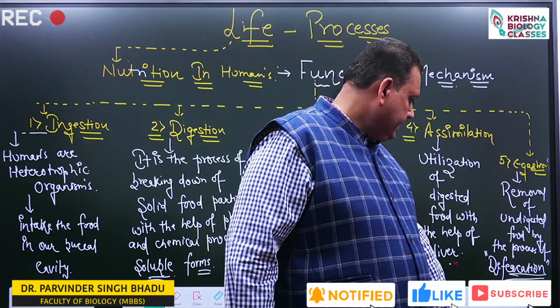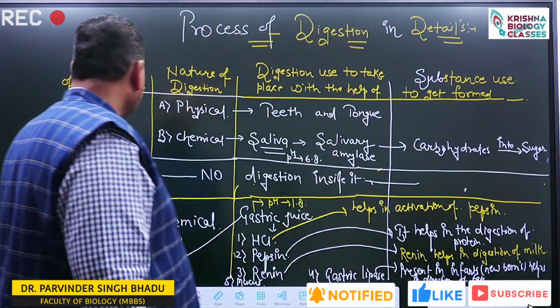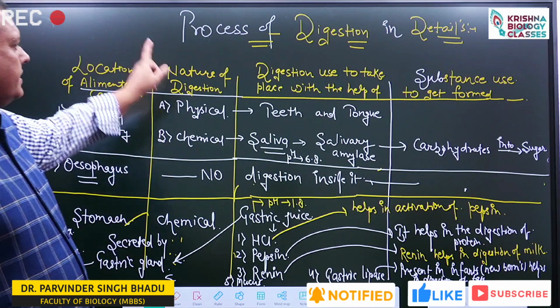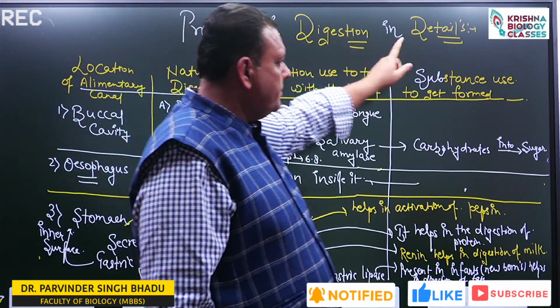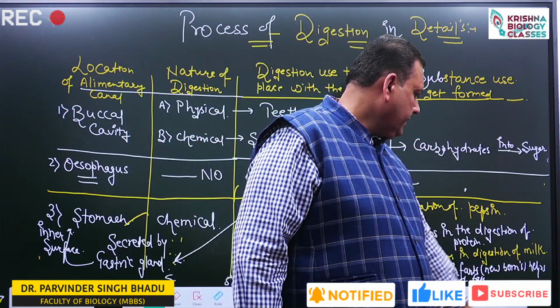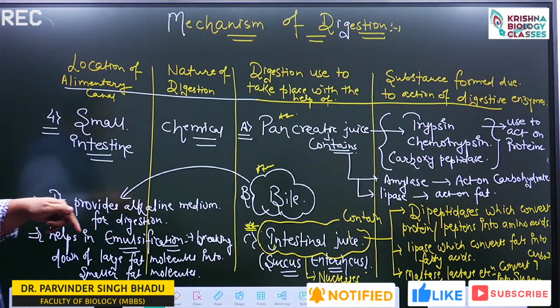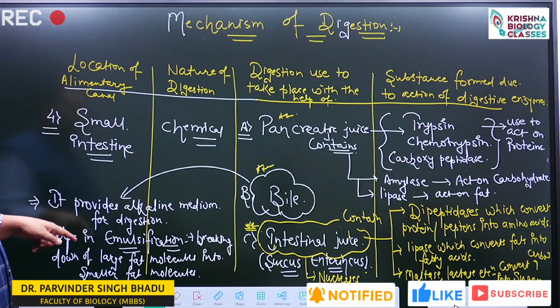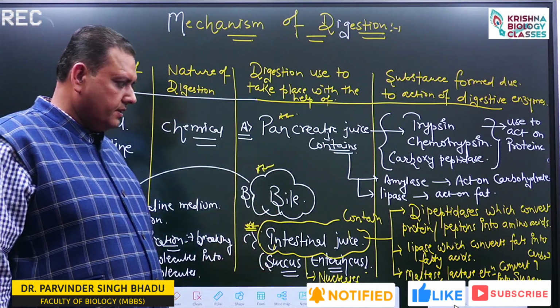To understand in depth, we need to remember the different locations and nature of digestion. The digestion takes place with the help of different substances at different locations: in the buccal cavity, in the stomach, then in the small intestine, the action of pancreatic juice, bile juice, intestinal juice.